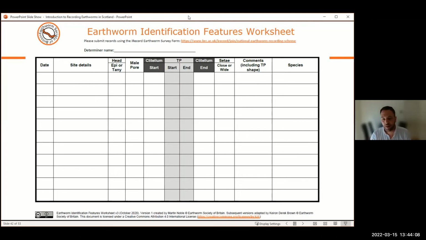Because we haven't got very many different features, I mark it down for every earthworm ID, and then I take that information through the key rather than going through the key first, because the key will chop and change what it's asking you about. So it'll ask you about the head, then it might ask you about the clitellum, then the TP, then the clitellum again, then the TP again. So if you've got the information written down, it makes it much easier.